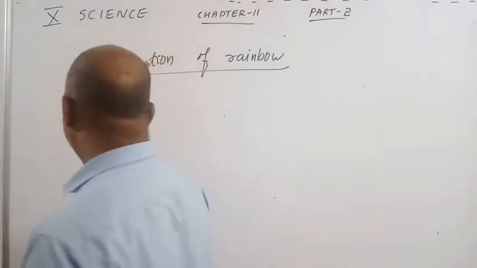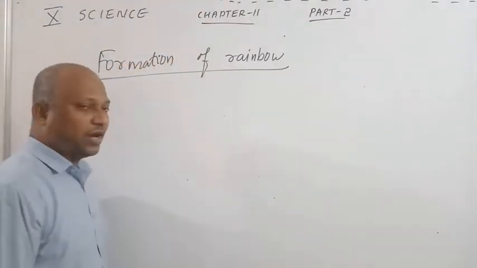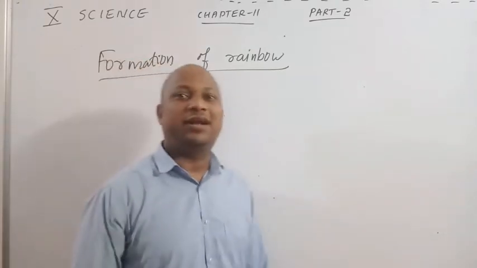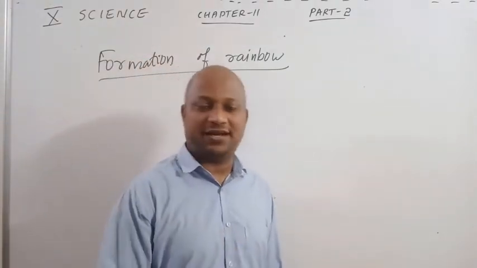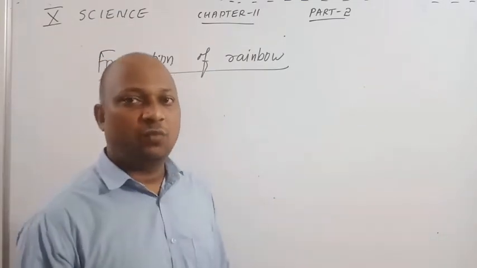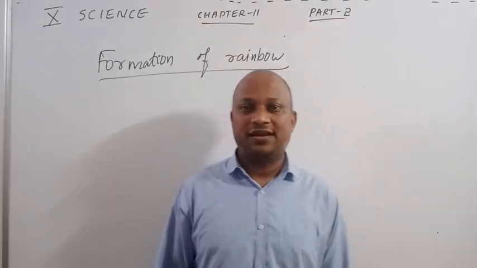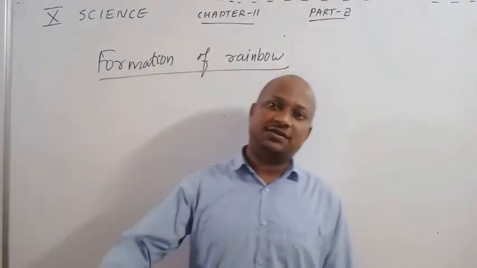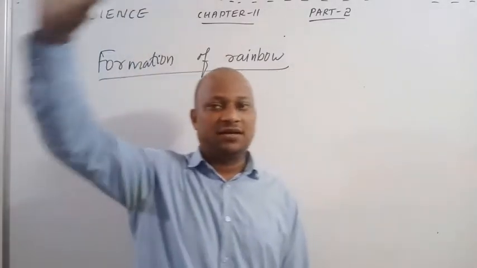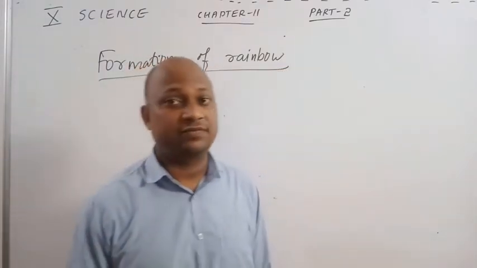So we can just go for a proper diagram. I will draw both diagrams, the actual diagram and the NCERT diagram. The actual diagram is just to understand what reaches first and what reaches later, what color appears in the upper part of the sky and what color appears in the lower part of the sky.